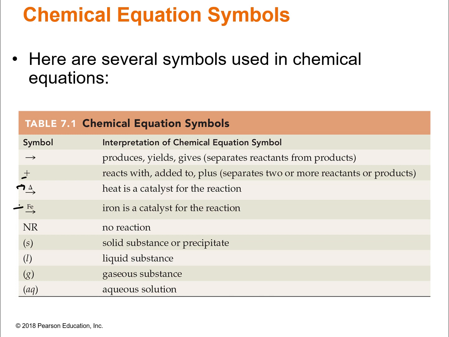If you see an element over the yield sign like iron or platinum, that means that it's a catalyst. So it's not a reactant or a product. It's just something that helps to accelerate the reaction. NR stands for no reaction. And then we've got all of the states of matter, the S, L, G, and AQ for solid or precipitate, same thing. Liquid substance, gaseous substance, and aqueous solution. So all of these are things that you may encounter when you're looking at a chemical equation.